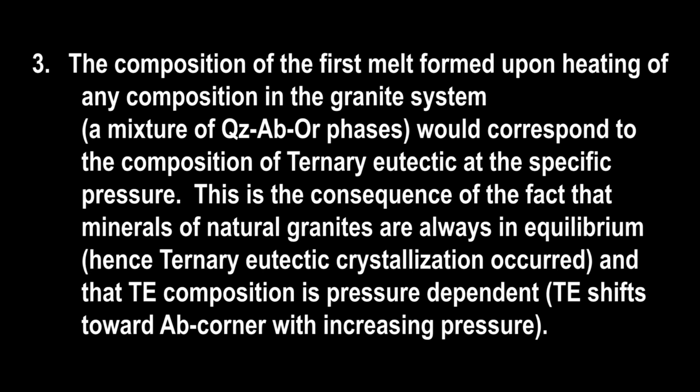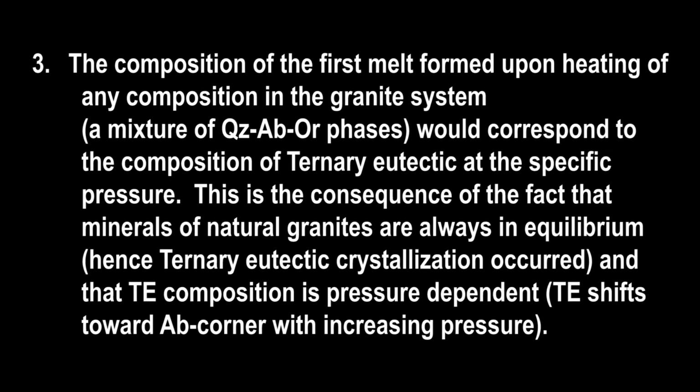Third, the composition of the first melt formed upon heating of any composition in the granite system, a mixture of quartz, albite, orthoclase phases, would correspond to the composition of the ternary eutectic at the specific pressure.